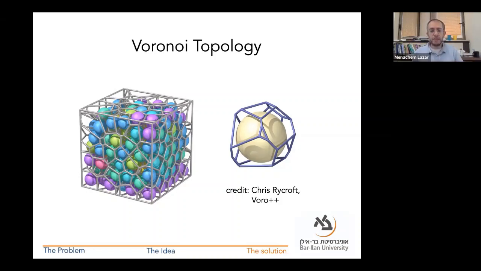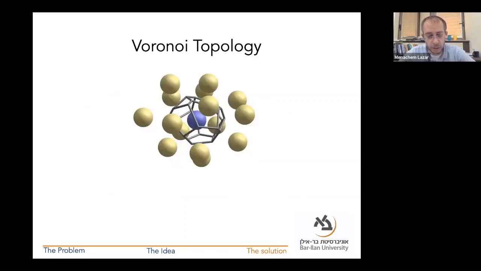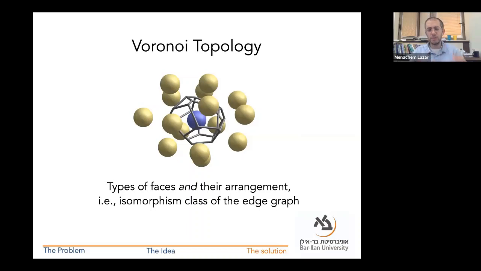Instead of counting the number of faces, which is a nice way of characterizing them, the right way of doing it is not only the number of faces, but understanding what faces the Voronoi cell has and how they're arranged, which is essentially the isomorphism class of the edge graph.